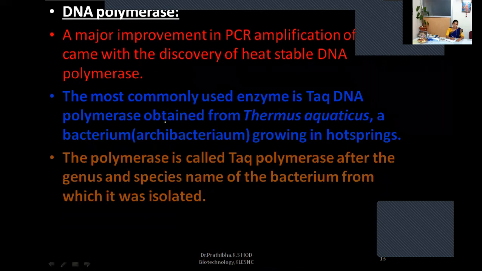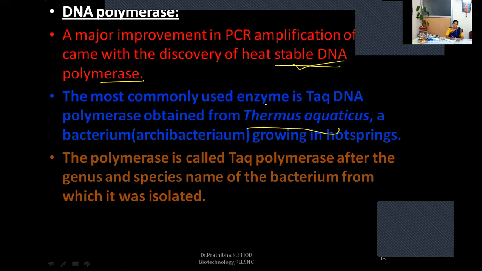Now let us understand about DNA polymerase. Which DNA polymerase are we using here? Thermus aquaticus. A major improvement in PCR amplification came with the discovery of the heat stable DNA polymerase. Whatever we are using right now, the Thermus aquaticus enzyme, is stable to heat.